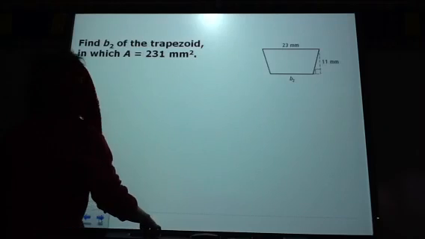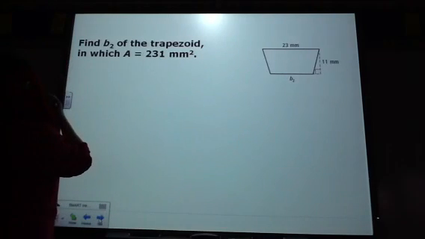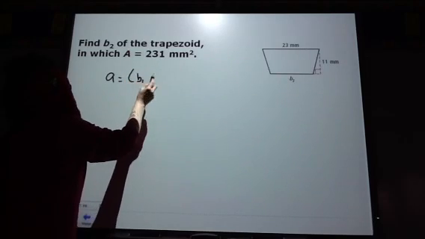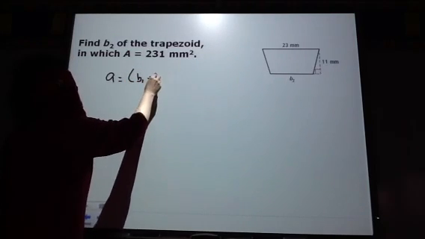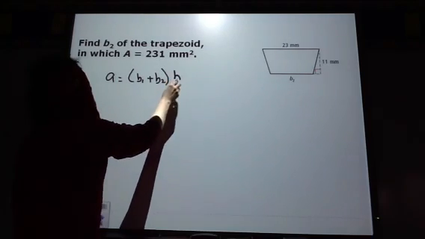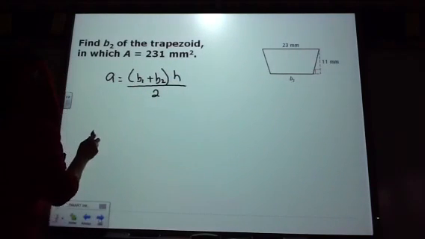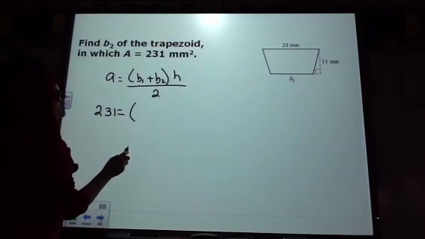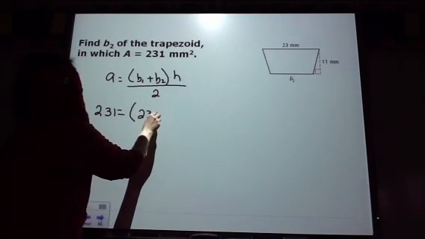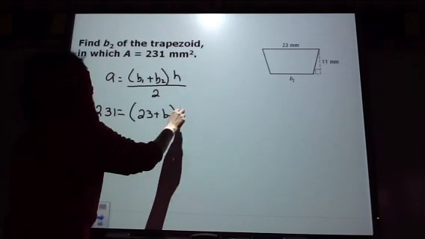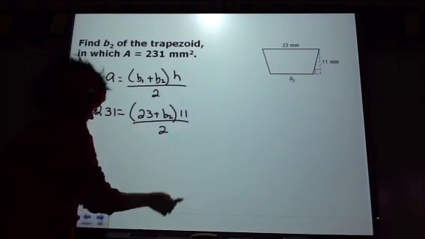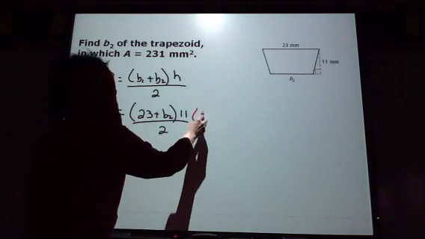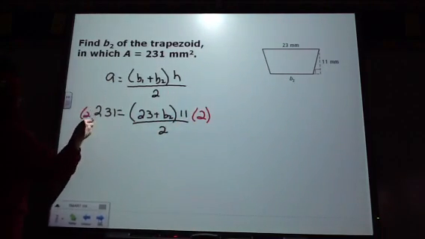Okay, we have a trapezoid, and we've got the area, and we're trying to find one of the bases. Okay, so let's write our formula. Base 1 plus base 2 times your height, all divided by 2. Area is given, and one of my bases and my height. Okay, so I'm going to cancel out that 2 by multiplying both sides by 2.